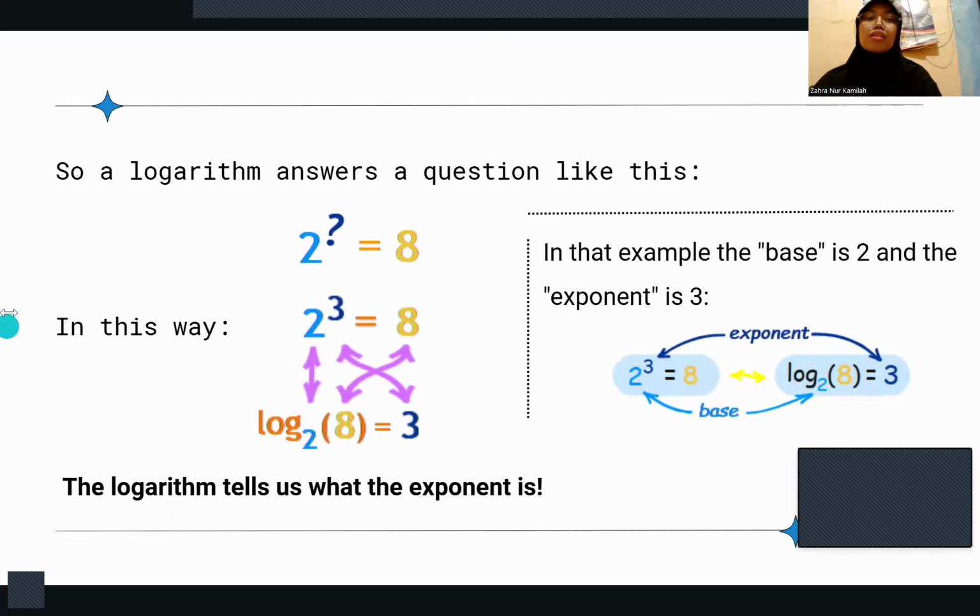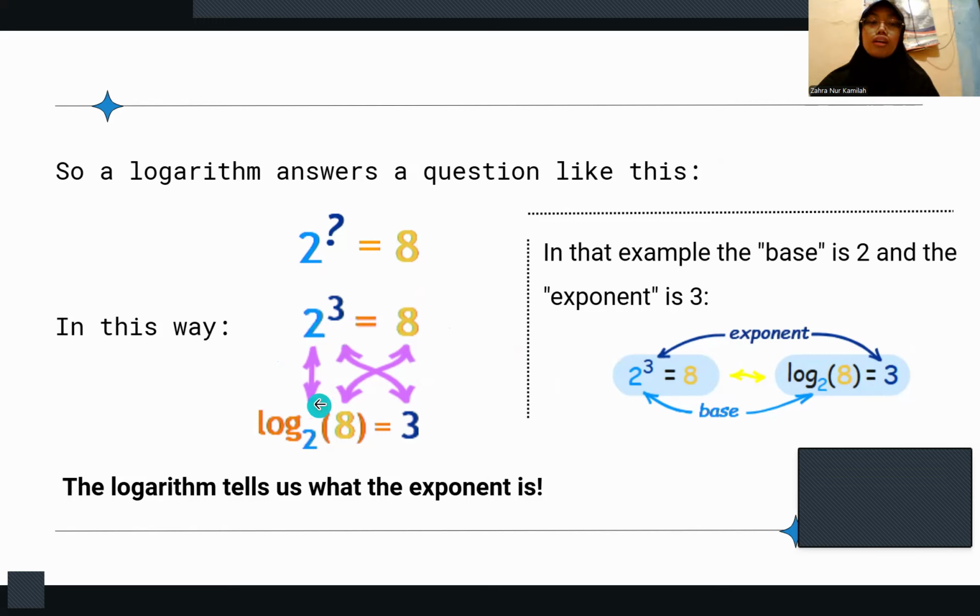Next, a logarithm answers questions like this: how many 2s do we multiply to get 8? In this way, 2 to the power of 3 equals 8.